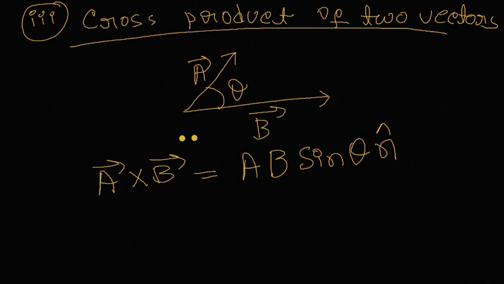Now the n cap is a unit vector which is perpendicular to the plane of A vector and B vector. Now the direction of n cap is denoted by right hand rule.